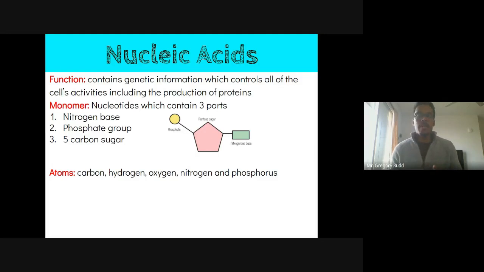Nucleotides are the monomer or the building block that make up nucleic acids. And these nucleotides contain three parts: a nitrogen base, a phosphate group, and a 5-carbon sugar, otherwise known as a pentose sugar. Pent means 5, and ose, O-S-E, tells us that it's a sugar: pentose.